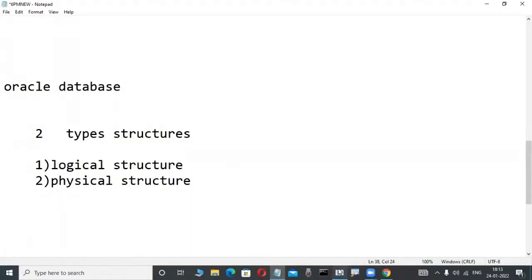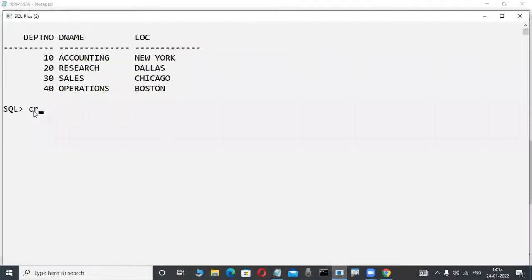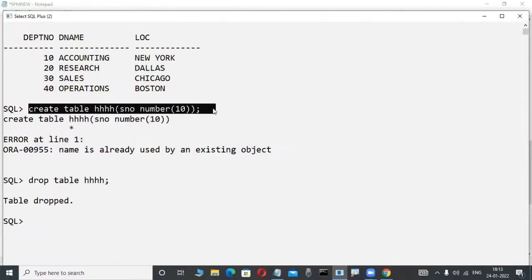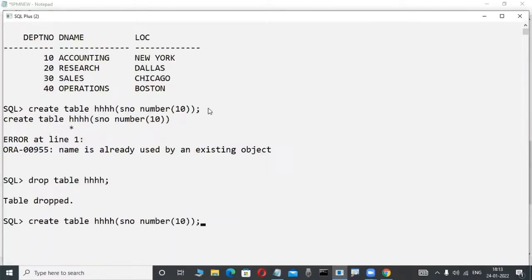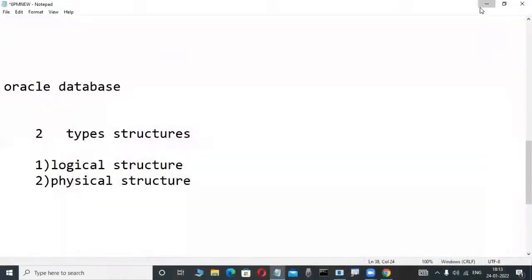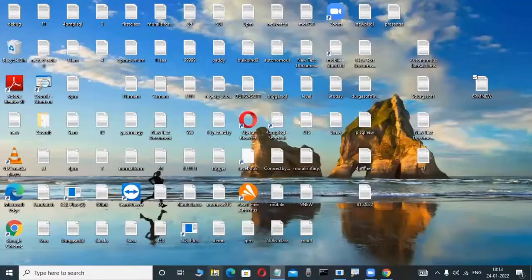Suppose you are creating a table or anything in your database, for example. Whenever I create a table, observe here, it is not visible in the operating system.